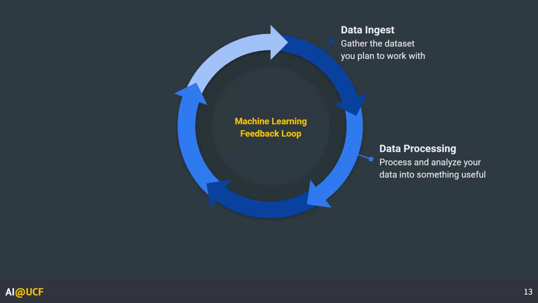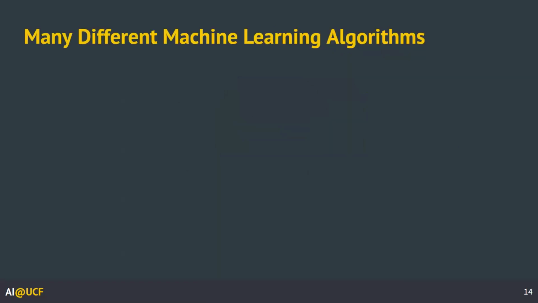Once we have our data prepared and split, and we really understand it, that's where we get to model training. This is where we look at all of the many machine learning algorithms that have been created out there in the world and train them and see how well we do. And there are a ton of different machine learning algorithms.